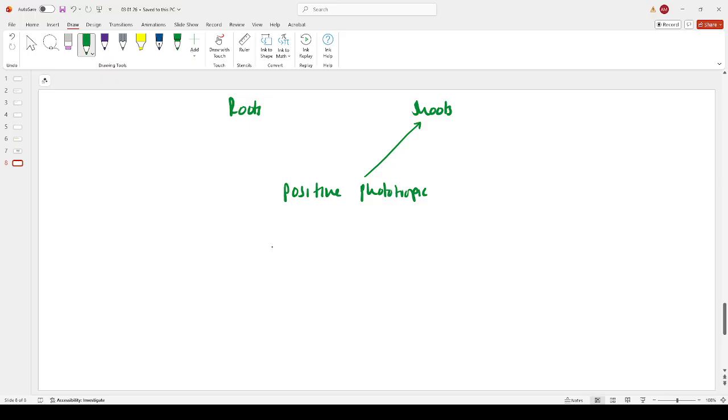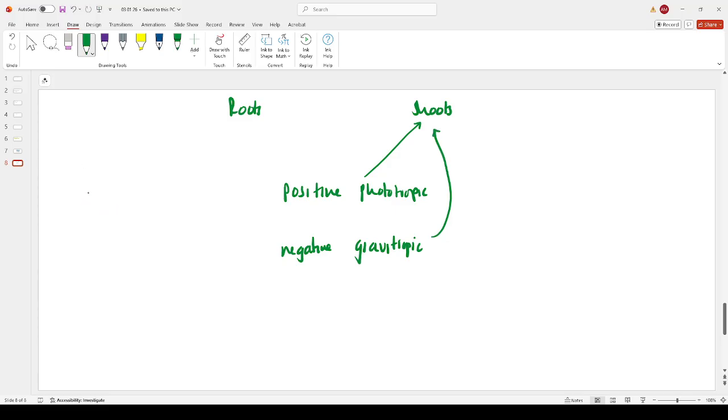And then if I was to write negative gravitotropic, where would you put that? Good. That would also be shoots.